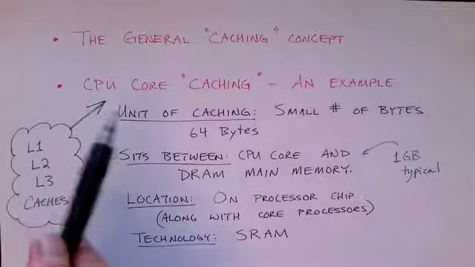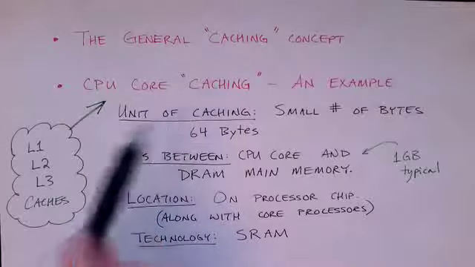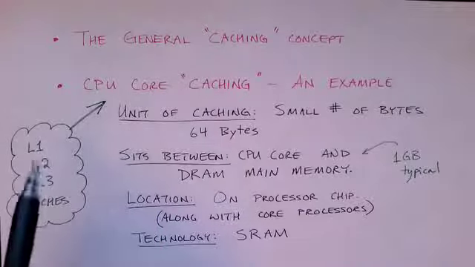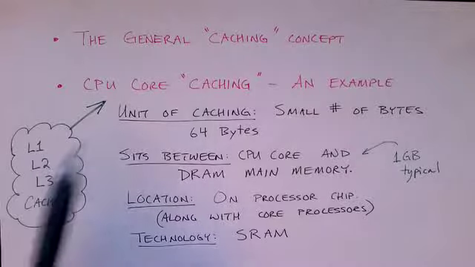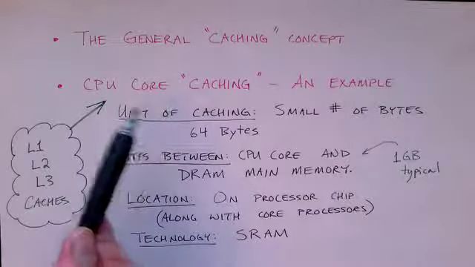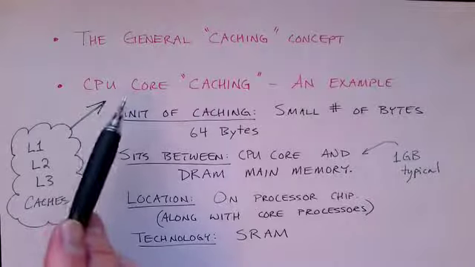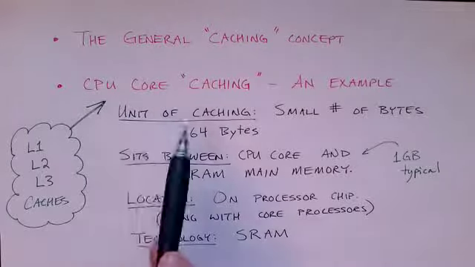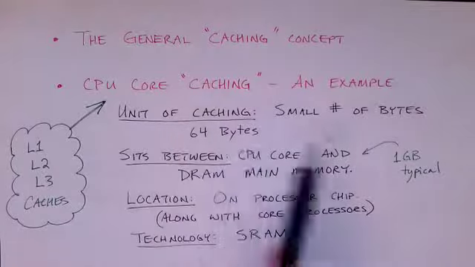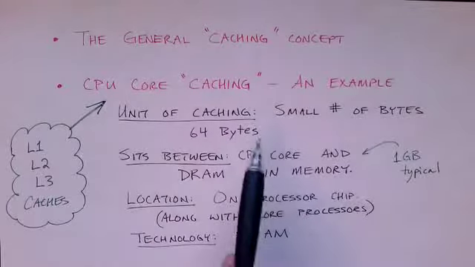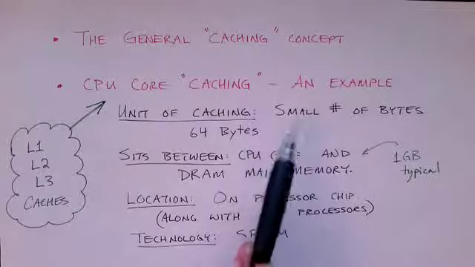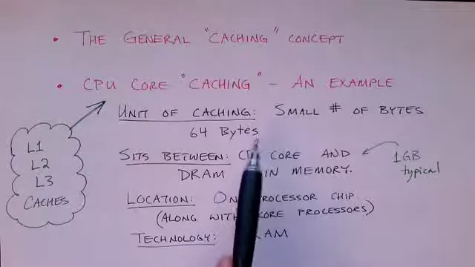Typically this sort of cache, and this is what we refer to when we hear the terms L1, L2, and L3, is located on the CPU chip itself. The unit that we're caching is usually a very small number of bytes, often 64 bytes. So this is the block size, 64 bytes.